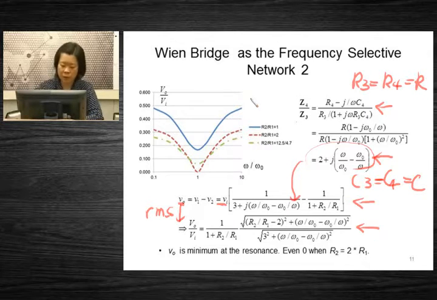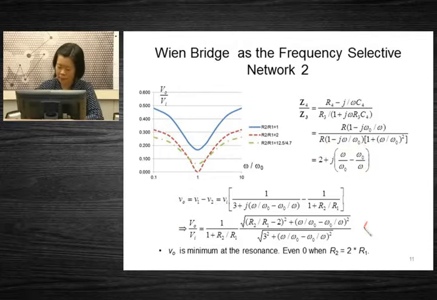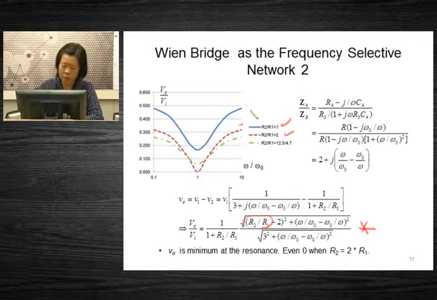You see a figure here. Here I plotted this equation for various cases when the ratio between R1 over R2 is 1, which is the blue curve, or 2, which is the red curve, or some other values, which is the green curve.